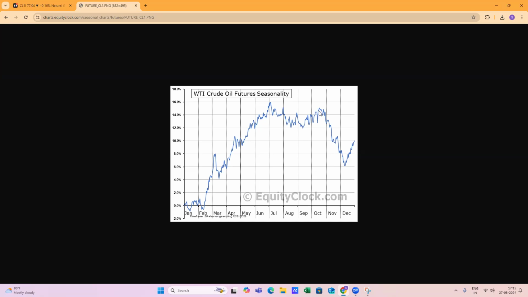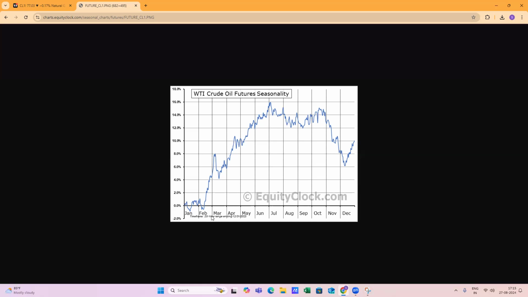Often in September there is a slightly higher level compared to August, and then generally post October to December, due to less winter demand, at that time natural gas demand on the other side goes up. But crude oil has a very strong seasonality, and from the middle of December, in expectation of a revival in the January New Year, the prices go up again. So this is the seasonality that has been followed over the last 20 years.